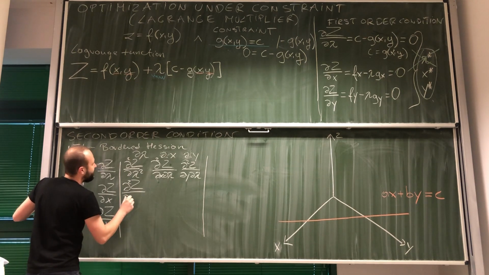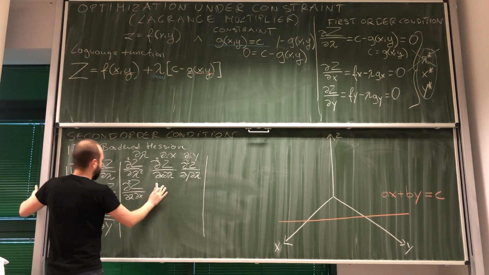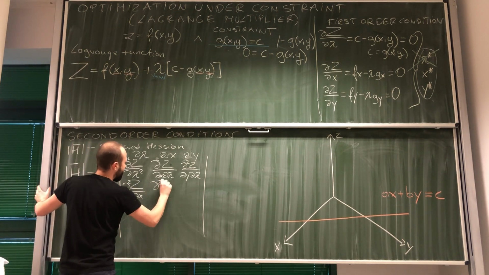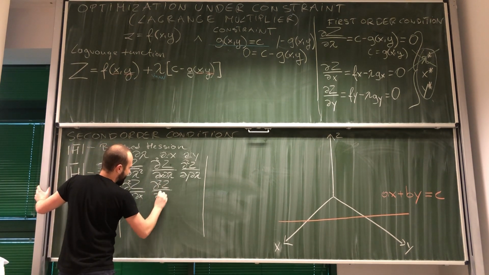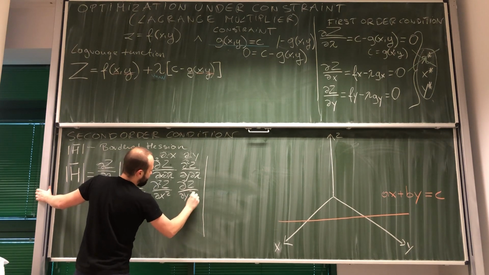So here we will have d lambda dx. Here we will have d square z dx square. Here we will have d square z dy dx.